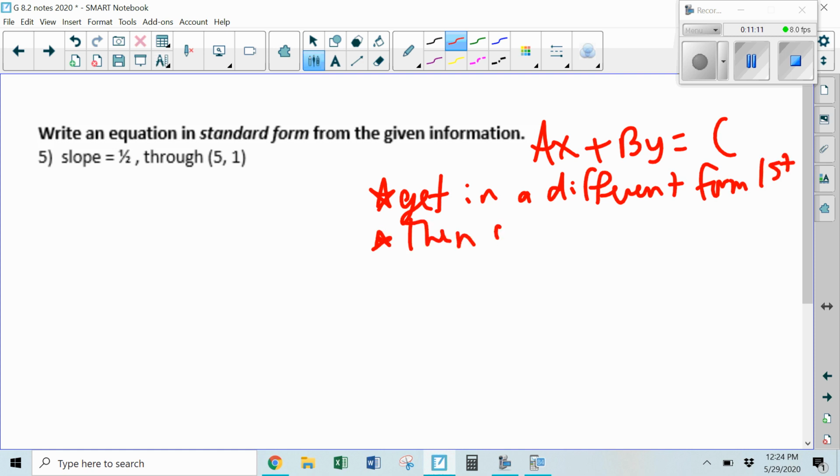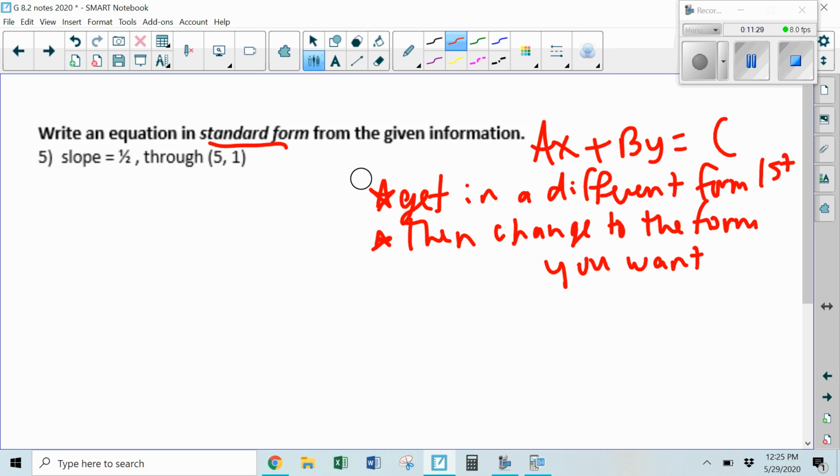Then change to the form you want. So get it in any form I want first, and then I can change it into the form that I really want, which is, in this case, standard form.